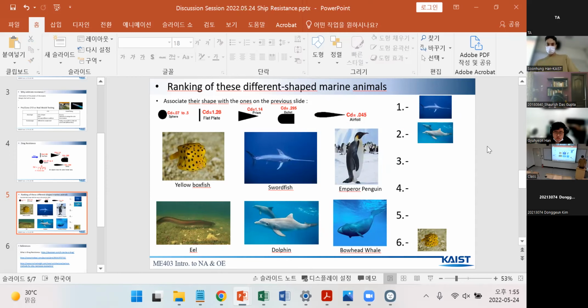I think the bullhead whale is number 5. It is actually, I think, quite similar to the boxfish in terms of efficiency. But the boxfish is very slow, and the bullhead whale is very fast, so they operate at different Reynolds numbers.